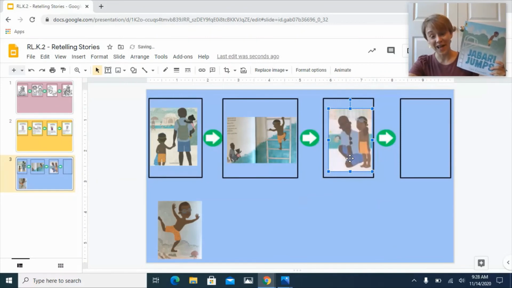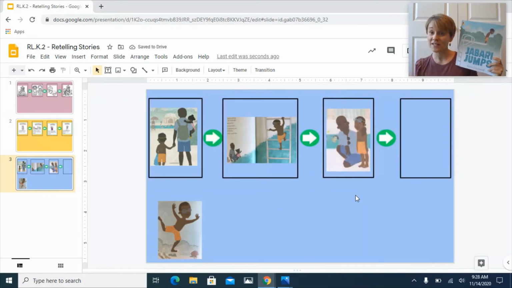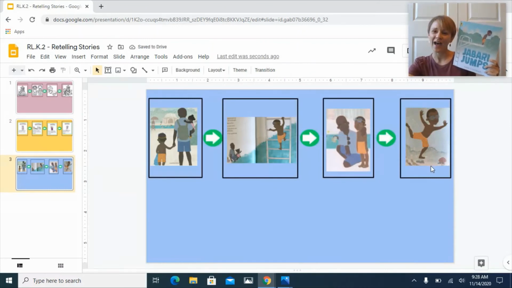He climbed back down and he talked to his dad for a little while. His dad gave him some good ideas about taking a deep breath and telling himself, I am ready. And in the end, Jabari jumped from the diving board and made a huge splash.